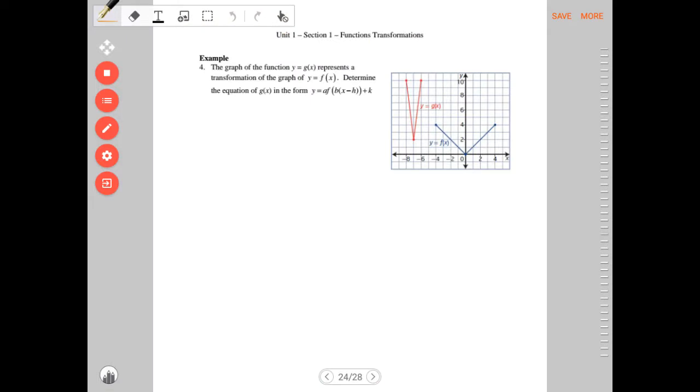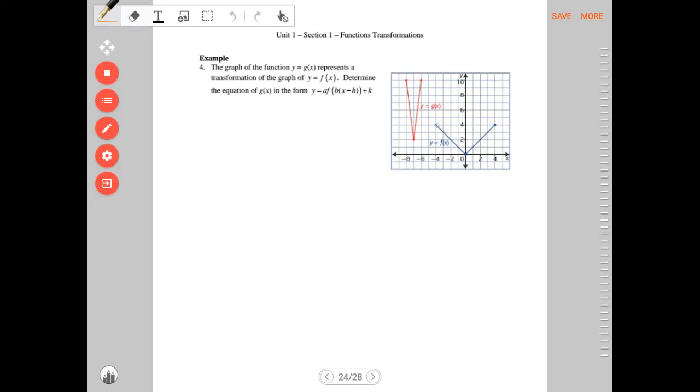Okay, and then last one, example 4. The graph of the function g of x represents a transformation of the graph of y equals f of x. Determine the equation in that form. Okay, awesome. So how we do this is we're going to look at width and height first. Let's look at width.